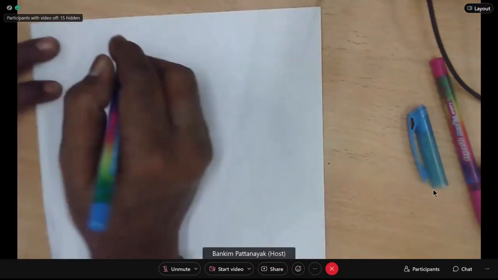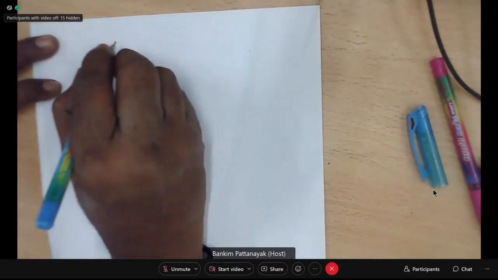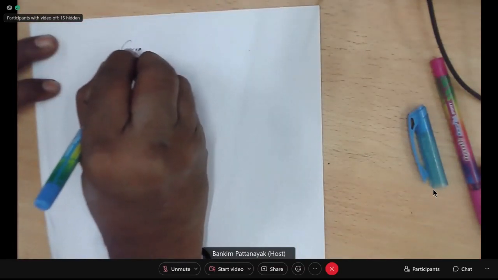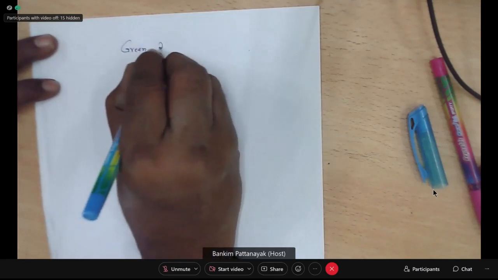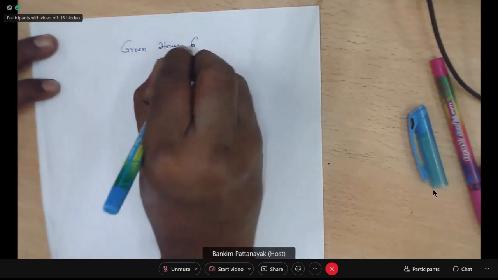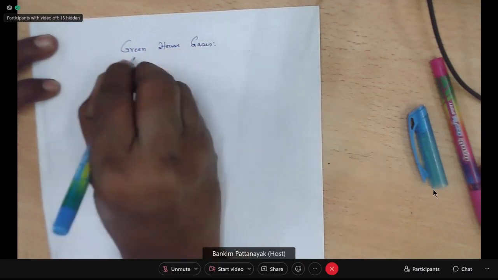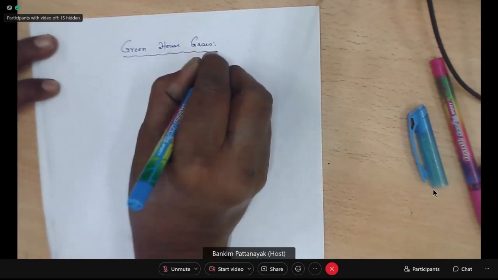Achha. So greenhouse gases we have already spoken of, but a little detailed. So what are the greenhouse gases?